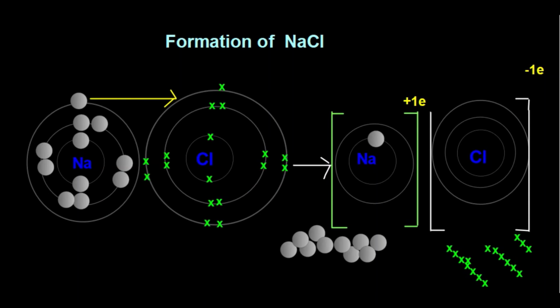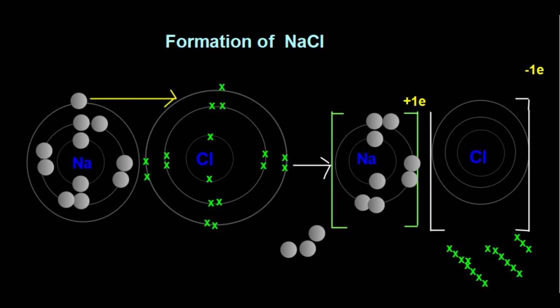Sodium will have 2 electrons in its first shell, that is the K shell, and there are 8 electrons in the L shell, 1, 2, 3, 4, 5, 6, 7, 8. There are 8 electrons in the L shell of sodium.